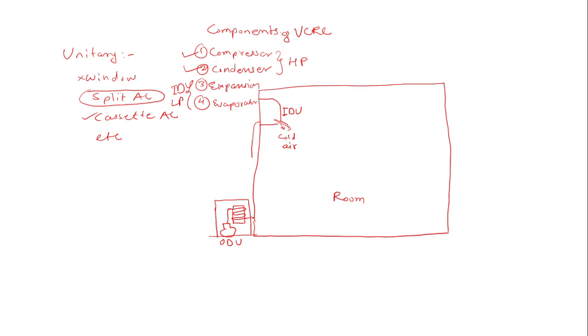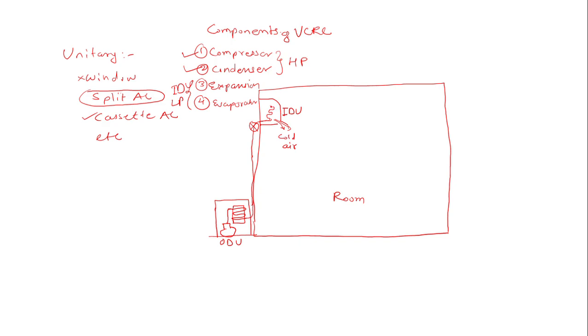From the condenser it comes out and is given to the indoor unit. Somewhere over here you will have the expansion valve, and through the expansion valve the refrigerant comes in and is given to the cooling coil.